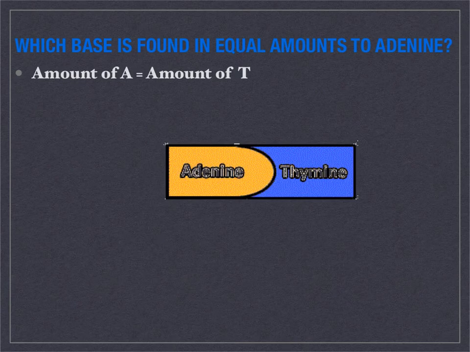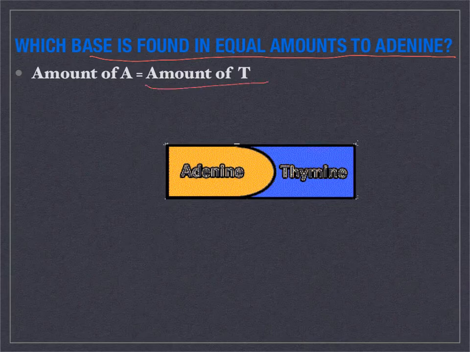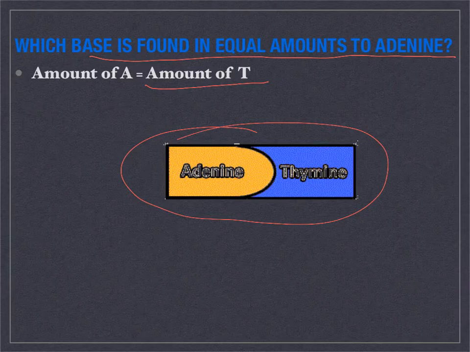The base found in equal amounts to adenine would be thymine. Later I'm going to talk about why, but these bases actually bond across the structure of the DNA molecule. Adenine is equal to thymine, one of Chargaff's rules.